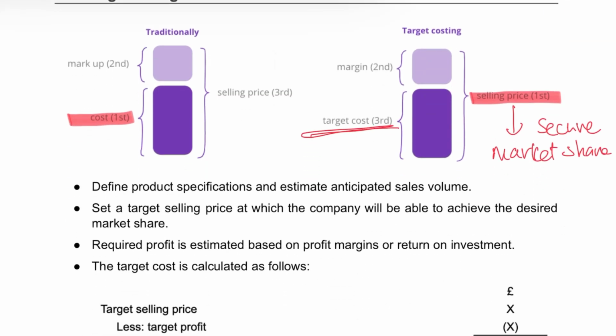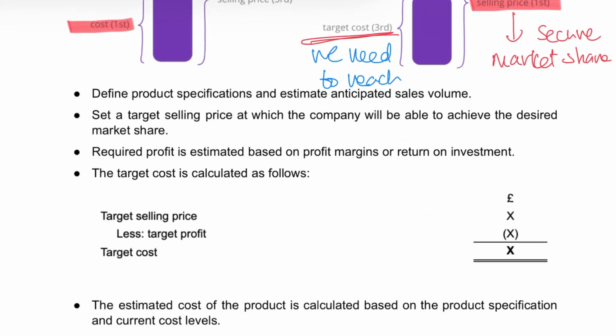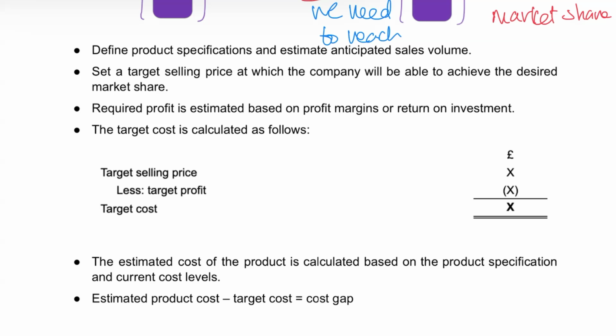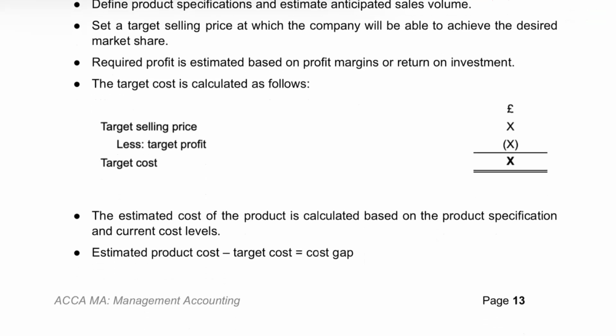So, therefore, if we are going to follow target costing where we determine the selling price and then we have a target cost we need to reach, we need to identify aspects we need to consider to achieve this target cost. So therefore, we might talk about things such as cost cutting.